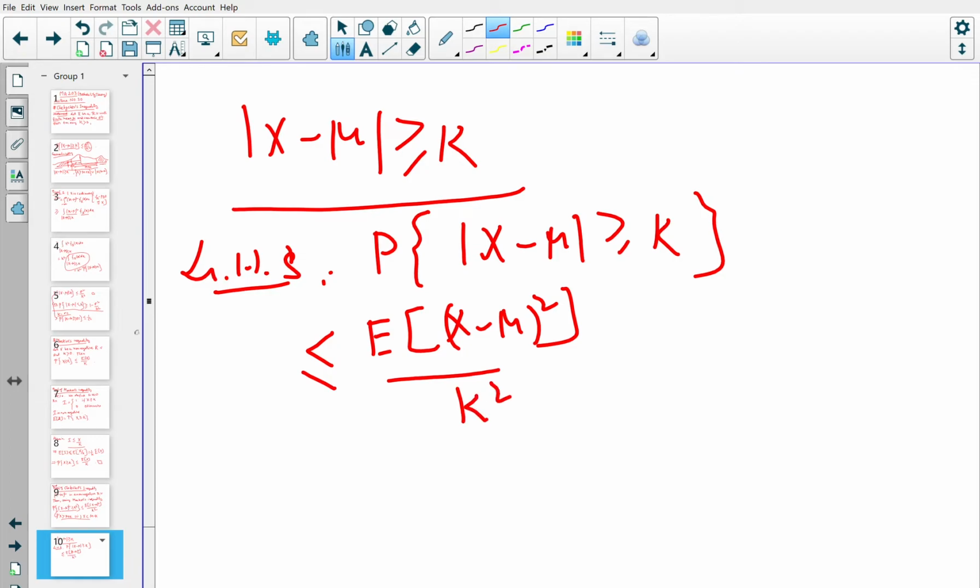But the numerator is nothing but the variance, so this is sigma square by k square, the variance of the distribution. Okay, so you can use different inequalities to give the proof of this kind of theorem. Now there are many applications. So let me give one or two examples first, and then I will show you the other applications.